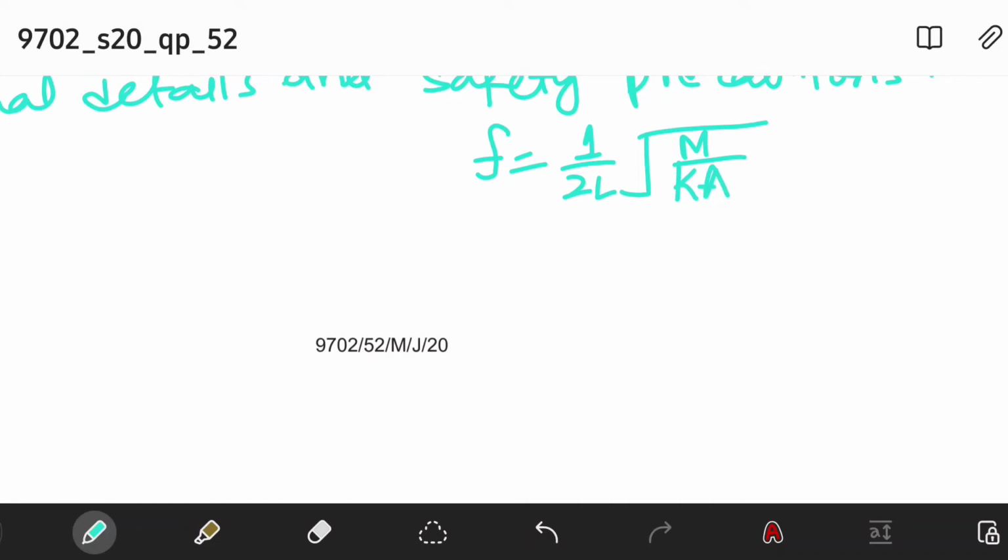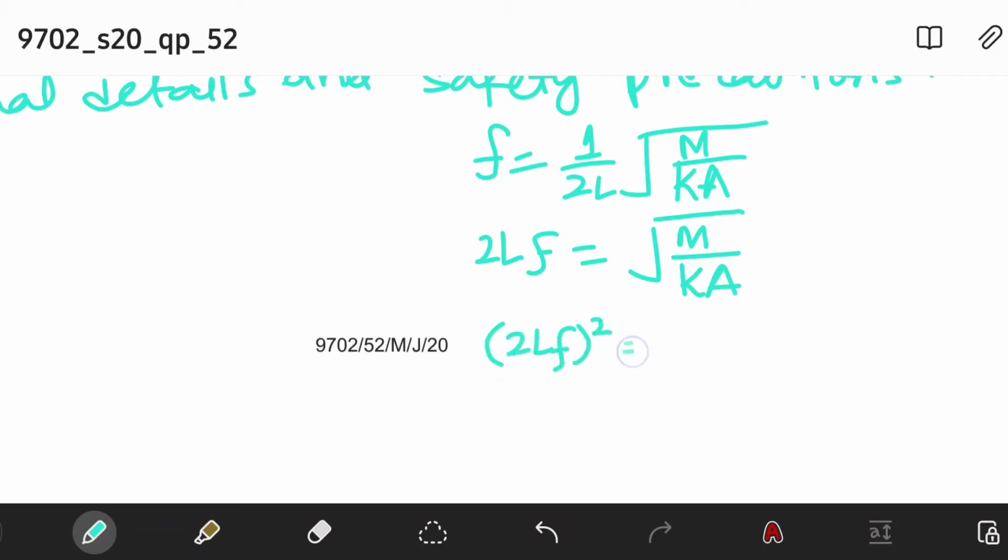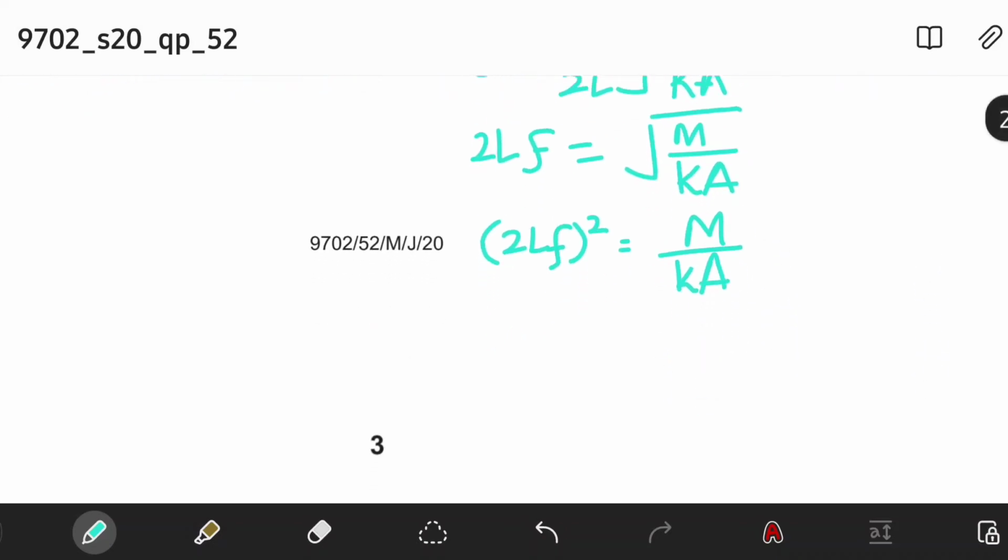So if we shift 2L with F, it would become 2LF is equals to under root M over Ka. Now shifting this under root into square on the other side, so 2LF the whole square is equals to M over Ka. Now this becomes 4L square F square M over Ka.